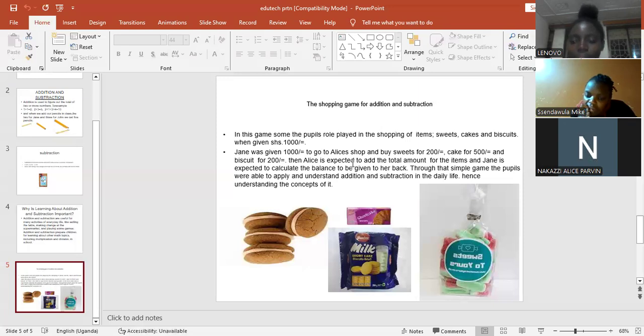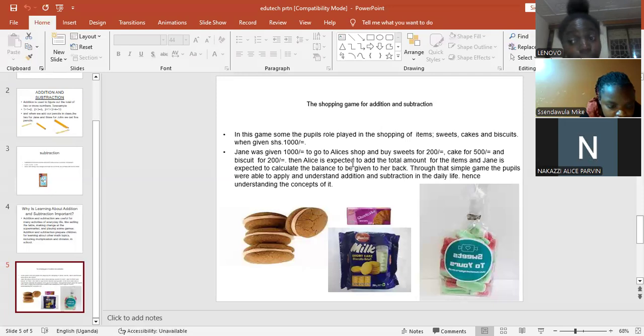So in this case, Alice is the sales manager, whereby she has to calculate the total amount of the items Jane has taken, okay? You have said that sweets are for 200, cake for 500, then biscuit for 200. And then after calculating that amount, she has to subtract it. That addition of the amount of the items, that is what we call addition.